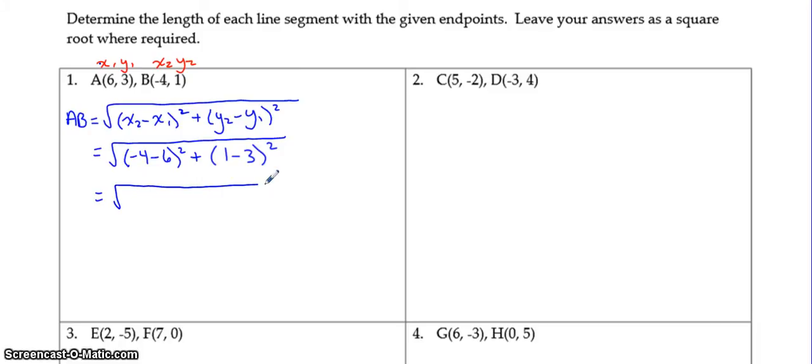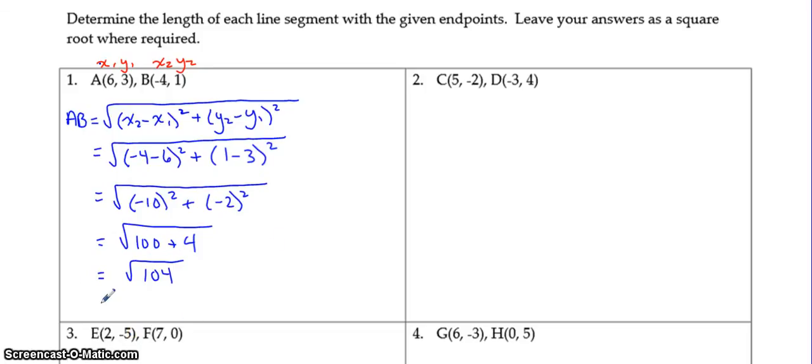Now, following BEDMAS, let's do what's inside the brackets first. Negative 4 minus 6 is negative 10 squared, plus, inside this bracket, 1 minus 3 is negative 2 squared. Now your exponents. Negative 10 squared is 100. Negative 2 squared is negative 2 times negative 2, so that's positive 4. 100 plus 4 is 104.